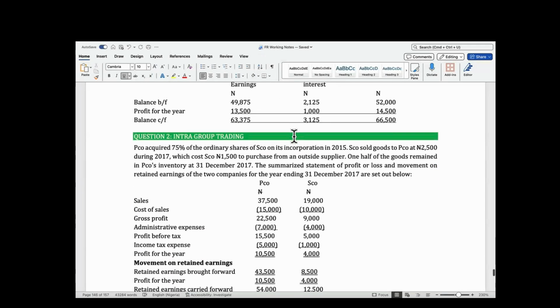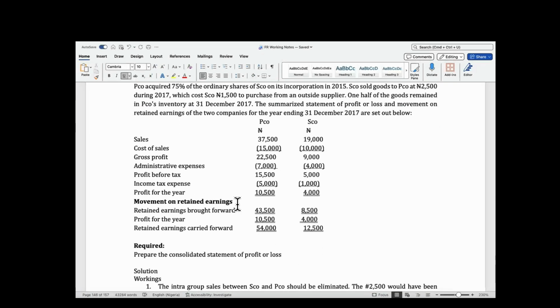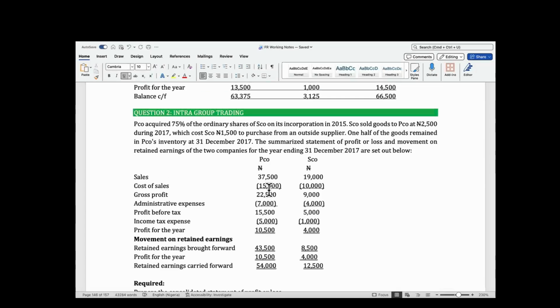Okay. The second question. It says that PICO acquired 75% of the ordinary shares of ESCO on its incorporation in 2015. ESCO sold goods to PICO at 2,500 during 2017, which cost ESCO 1,500 to purchase from an outside supplier.